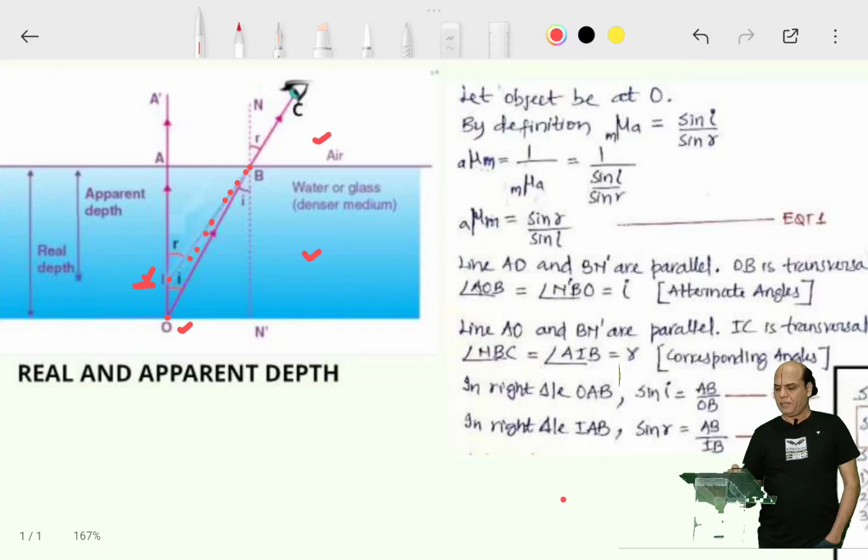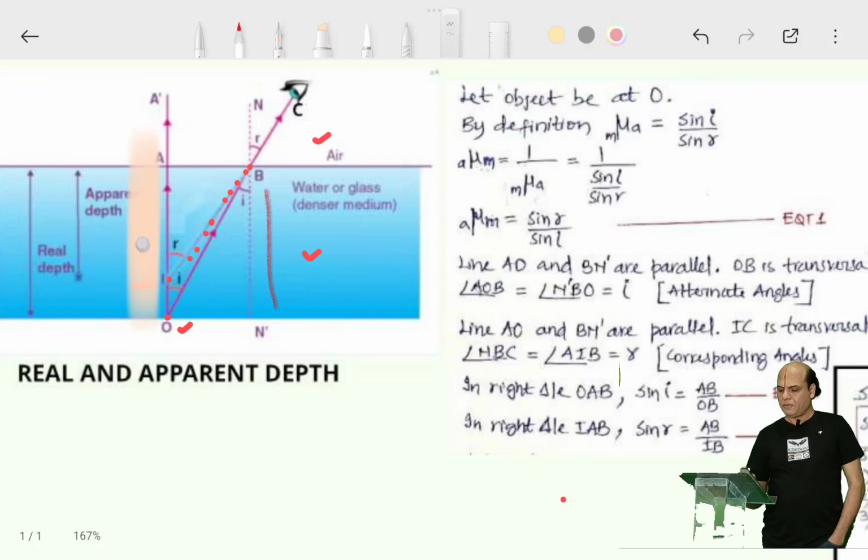So here, before we arrive at the refractive index ratio, let us look at the two lines. Can you see the lines? This line OA is parallel to BN.